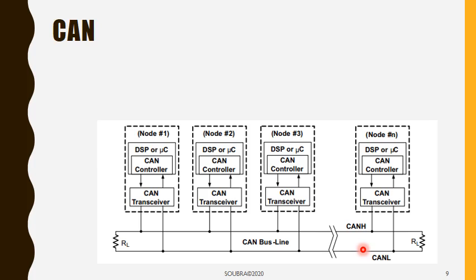Right, so here, as I told you before, anything that is connected to the CAN bus is also known, from now on, as a node. Here you can see that we have n nodes, and this could be anything. Anything should have a CAN controller in order to be able to understand and use the bus, and a CAN transceiver, to be able to get the bits, the physical layer, and then some upper layer in order to know how to understand the different fields in a message, for instance.